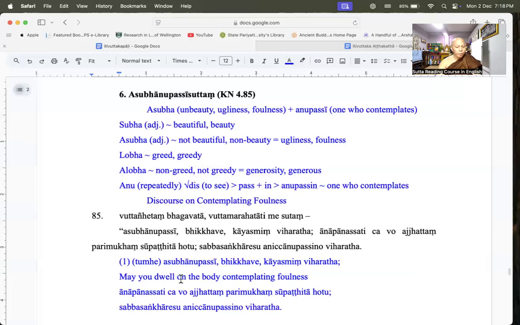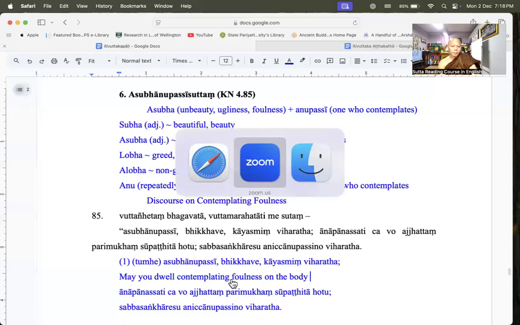Or maybe you may dwell. So in this also can be understood: contemplating on the body, contemplating formless on the body, contemplating the body as formless also. But here it is located case. So that is why, contemplating the body as formless. The word Anupassī.